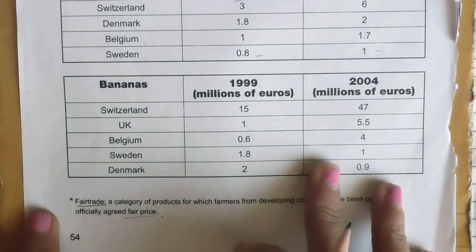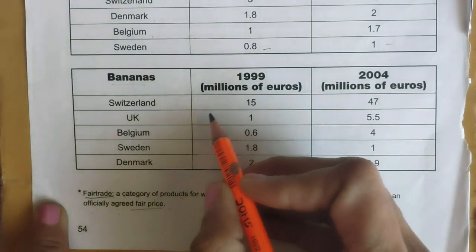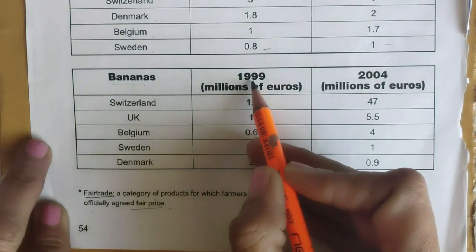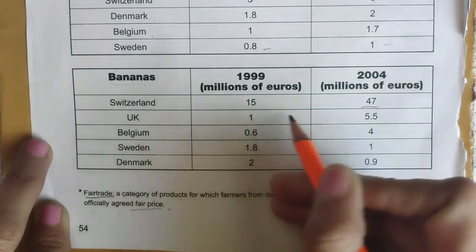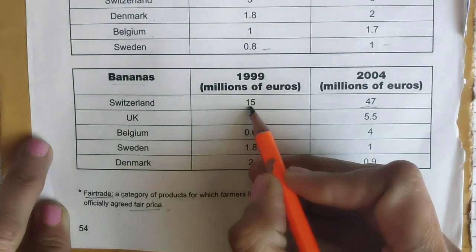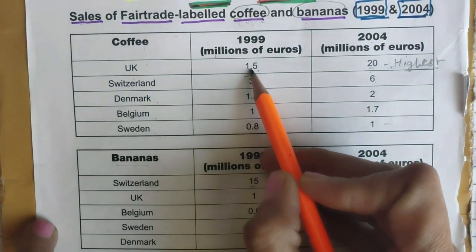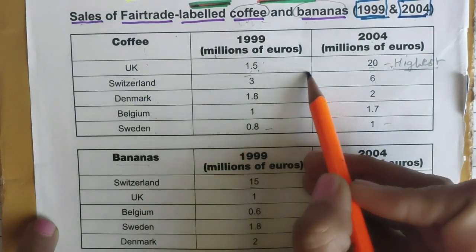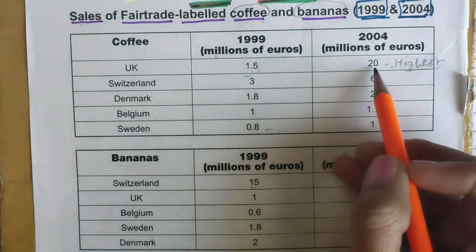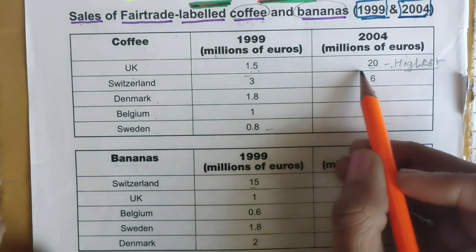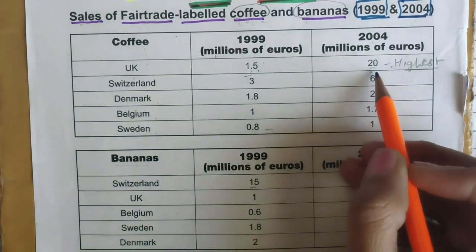Right, now come to the bananas. What kind of bananas are they selling? In bananas, Switzerland is at 47. Oh my god, it has a lot of difference. Here in the UK also it was 1.5 million euros, and it reached a significant increase in sales in 2004.